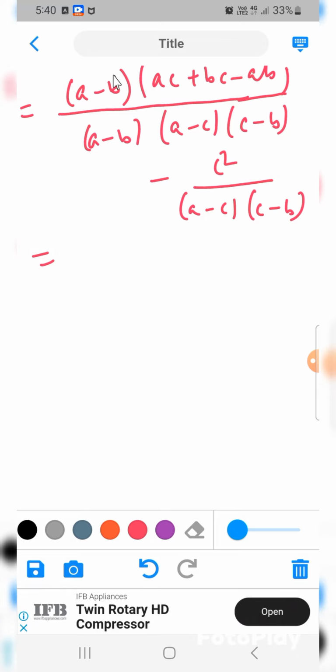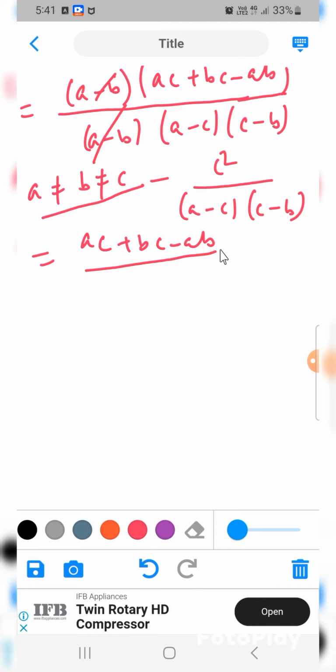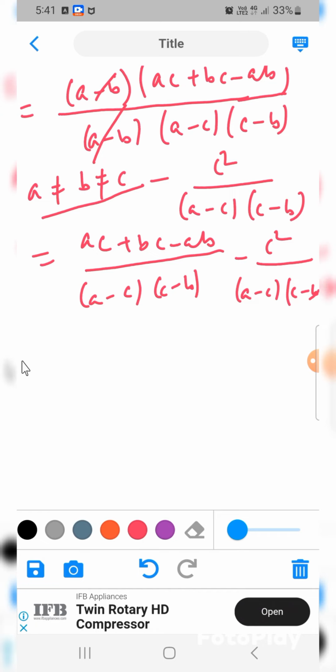So we can cancel A minus B, since A is not equal to B is not equal to C, we have to take. So we will get in this way AC plus BC minus AB by A minus C, C minus B. This will be C square by A minus C, C minus B. Again we solve these two terms.